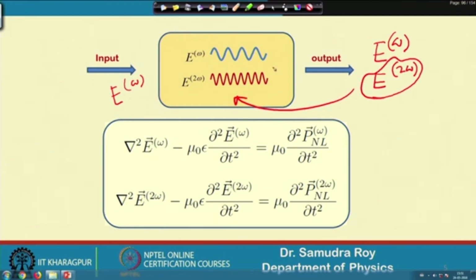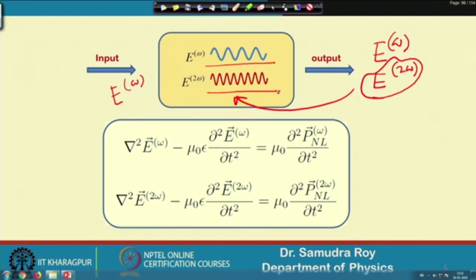So, in this figure we find that inside the material, which is nonlinear in nature, we have the fundamental wave and also the second harmonic; both are present. For both cases the nonlinear Maxwell's equation, or the nonlinear wave equation, is valid. So, for two waves we have two equations.